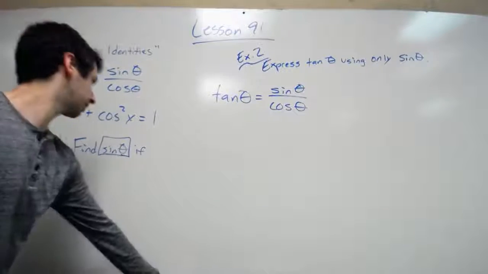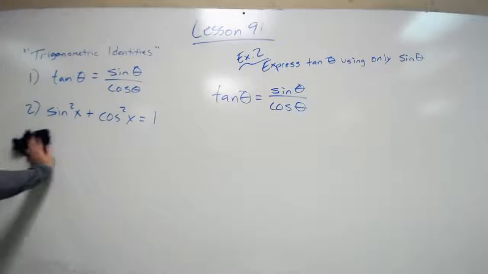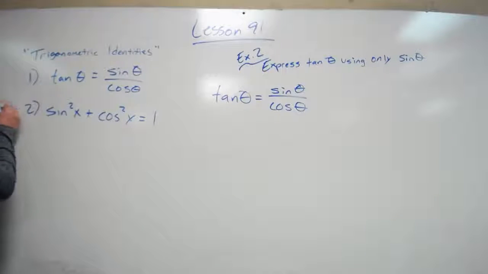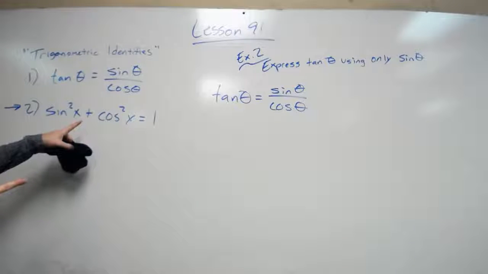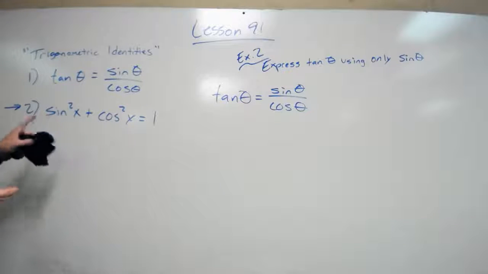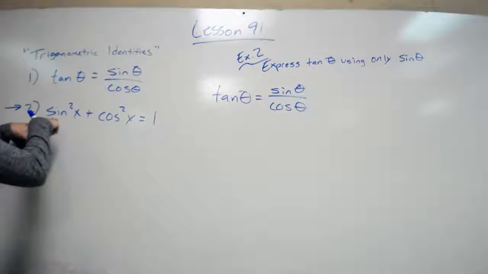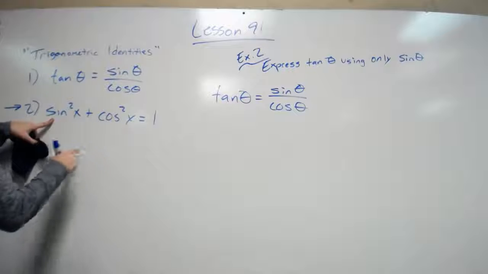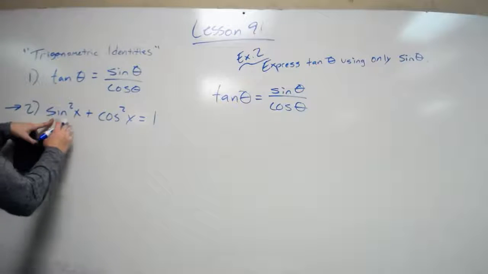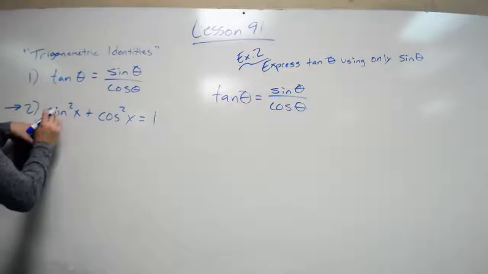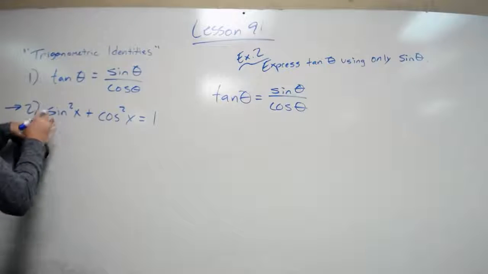Well, let's look back at trigonometric identity number 2. Is there any way I could get sine of theta equaling everything else? Right now, everything equals 1. Is there any way I'm able to know what sine of theta is?